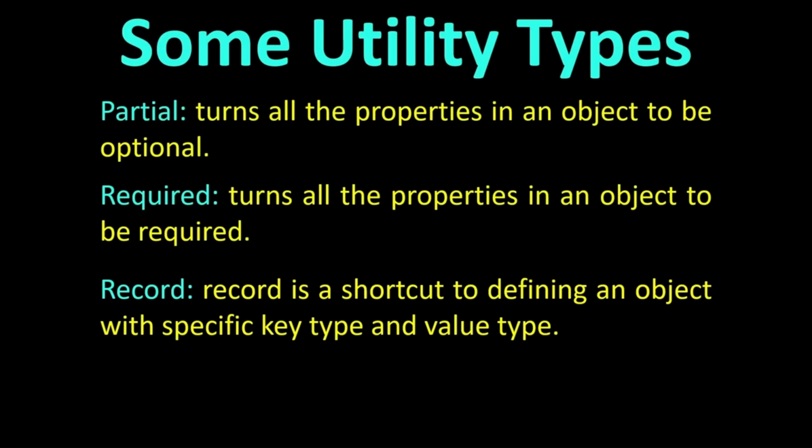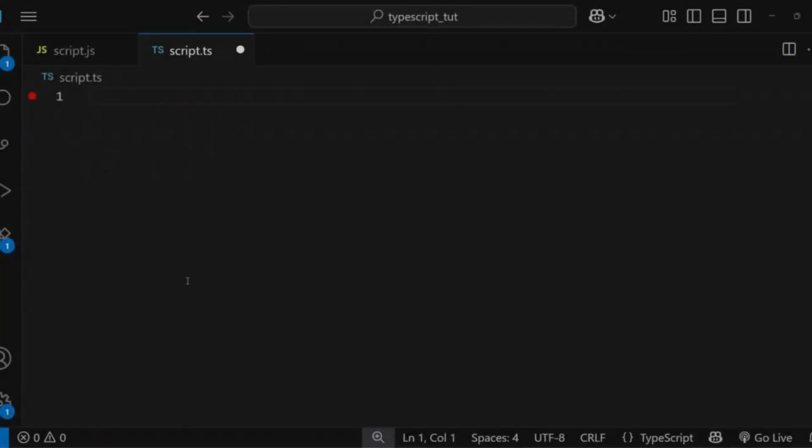Moving on to the next utility types, which is Record. Record is a shortcut to defining an object with specific key type and value type. Let's understand through a quick example.